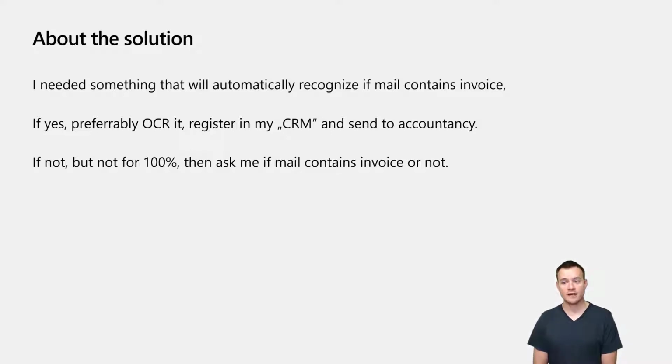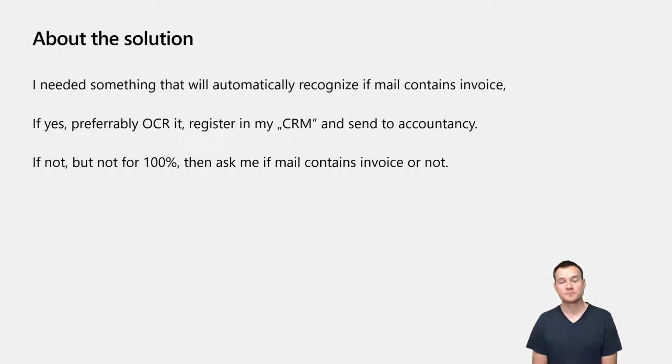So I was thinking about a solution that could help me, that maybe could do this automatically. Recognize if an email contains an invoice or doesn't contain an invoice. If it does, then it could try to OCR some information from that document, and then register the information somewhere so that I can better trace what I have to pay and what I have already paid.